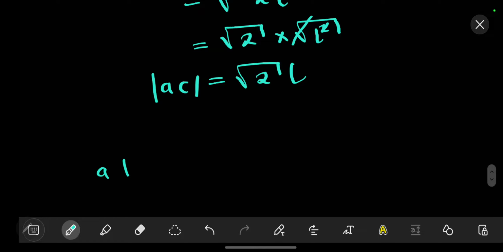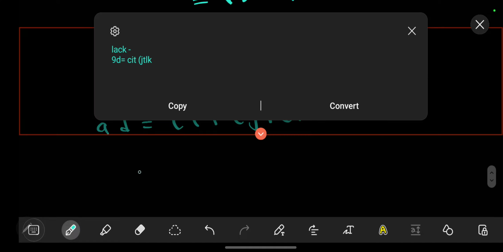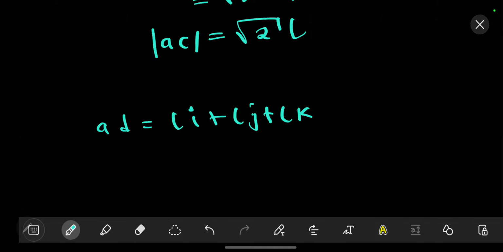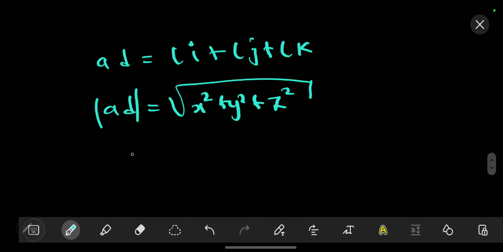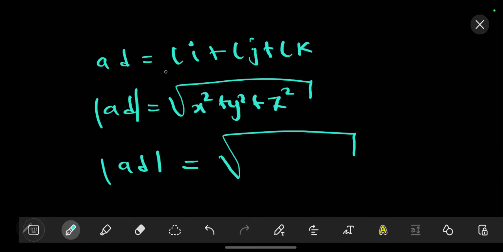Let's find our AD. AD, we know that it is equal to LI plus LJ plus LK, like that. So the magnitude of our AD will be equal to the square root of x squared plus y squared plus z squared, like that. So our AD will be equal to the square root of, what is our L?